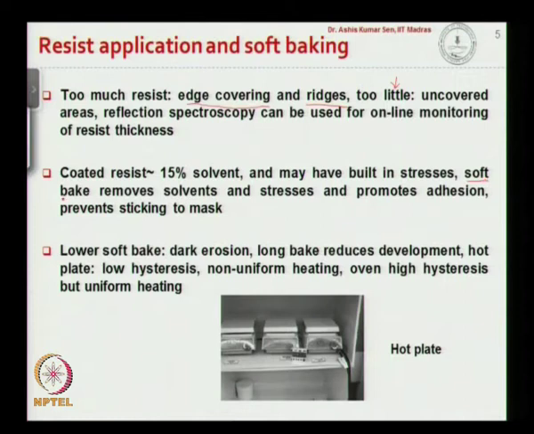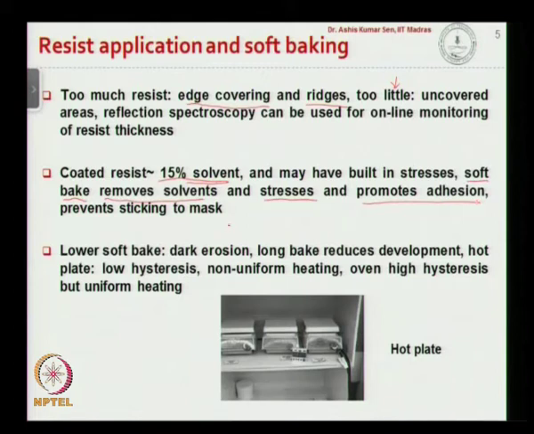The soft baking process does two things. It removes the solvent, the 15% solvent that we typically use in order for the viscous photoresist to spin, and the stresses are also removed using the soft bake. The soft baking additionally promotes adhesion between the photoresist and the wafer.